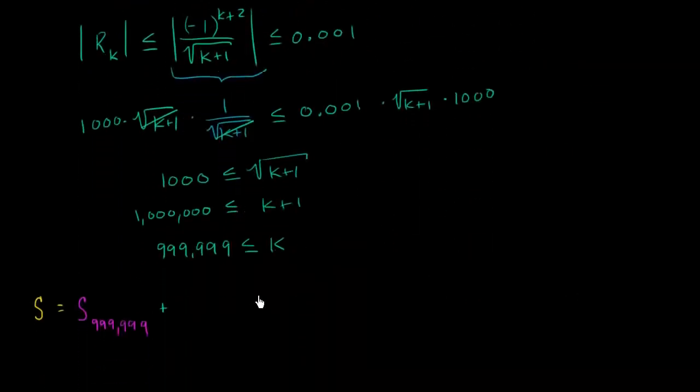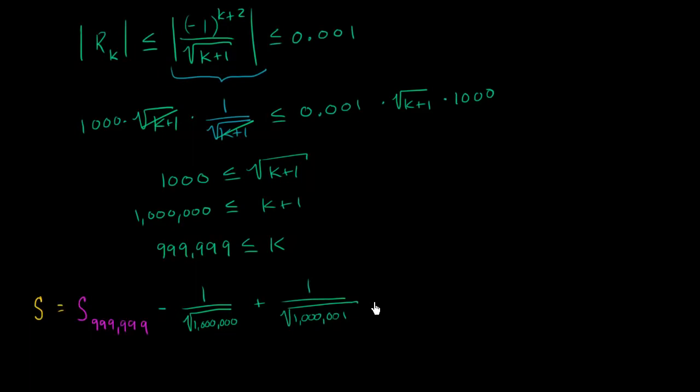So actually, let me do it like this. It's going to be -1 over the square root of 1,000,000. And then the next term is going to be plus 1 over the square root of 1,000,001. It's positive now because this is going to be -1 to the 1,000,002 power.